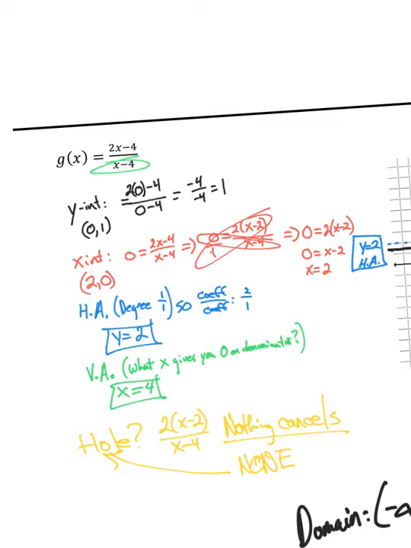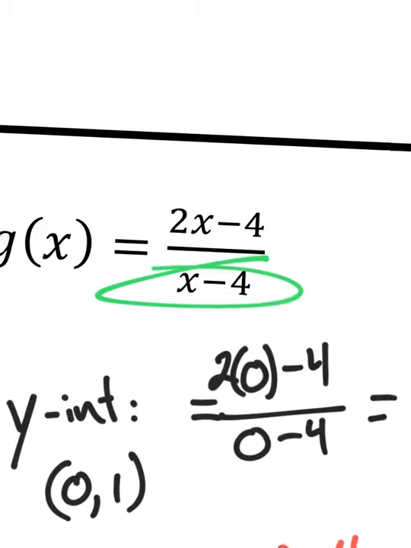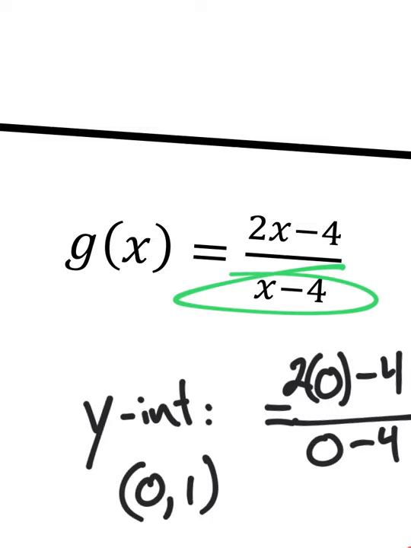Your horizontal asymptote: if we're looking at my function, what's the degree on the top and the bottom of the function? The degree is 1, the exponent of your variable. So it's not written there, but it is a 1.